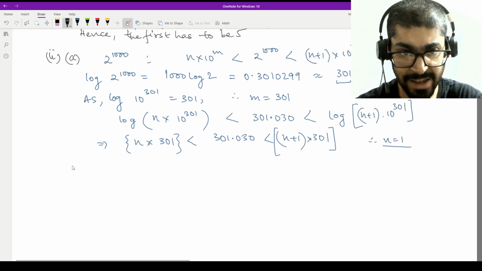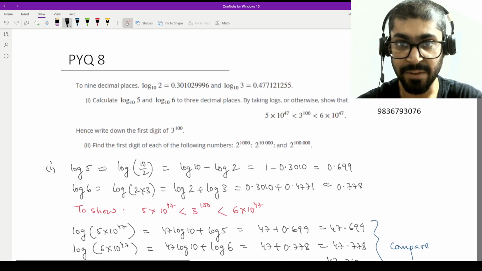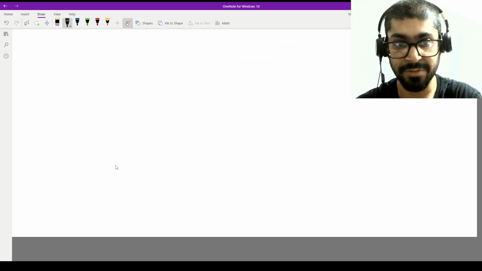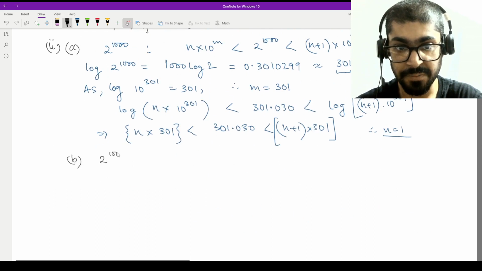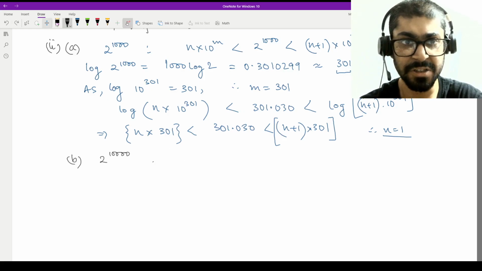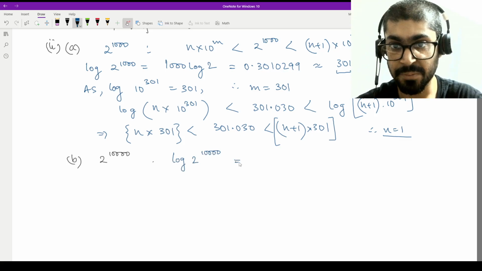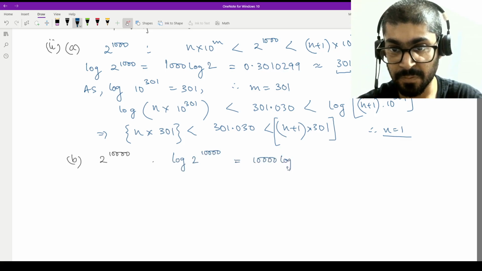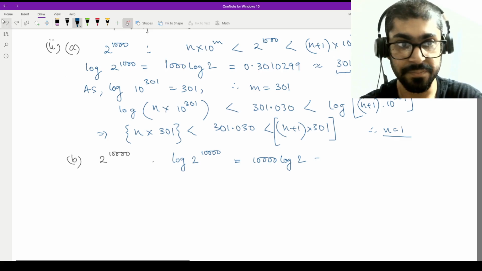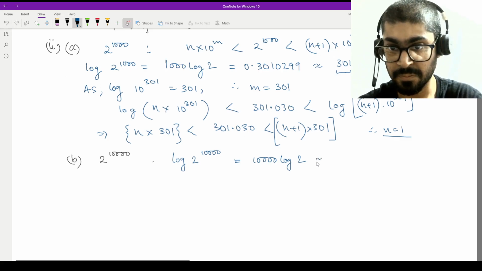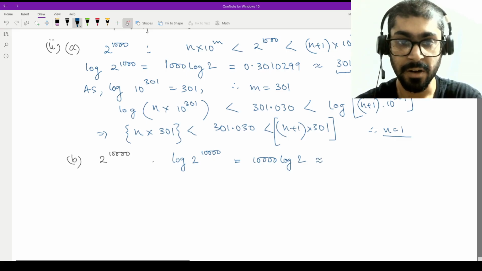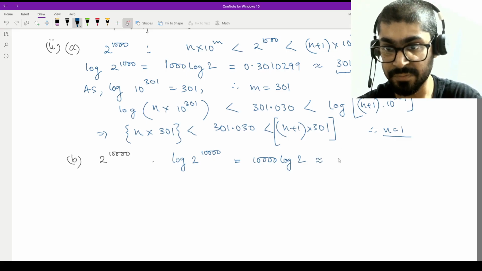I can follow exactly similar techniques for the next one. In the next one I have 2 to the power 10,000. They're just increasing by one zero. I'll just increase one more decimal. I'm skipping some of the steps this time because you know the procedure. So log 2 to the power 10,000 now becomes 10,000 log 2, which is approximately 3010.301.